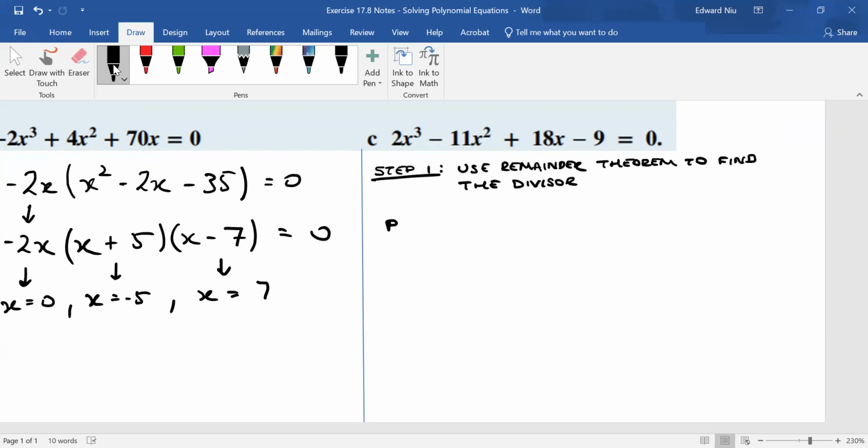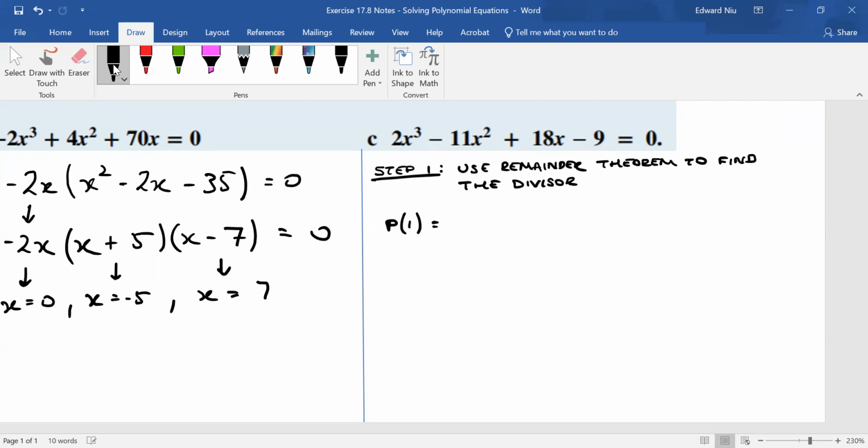Let's try the number 1. It's not going to be 0, because if we plugged in 0 to all the x's we'd get negative 9. If we plug in 1, and if the answer equals 0 using our remainder theorem, we know that it's going to give us our divisor for this expression, which means we've found essentially one of the factors.